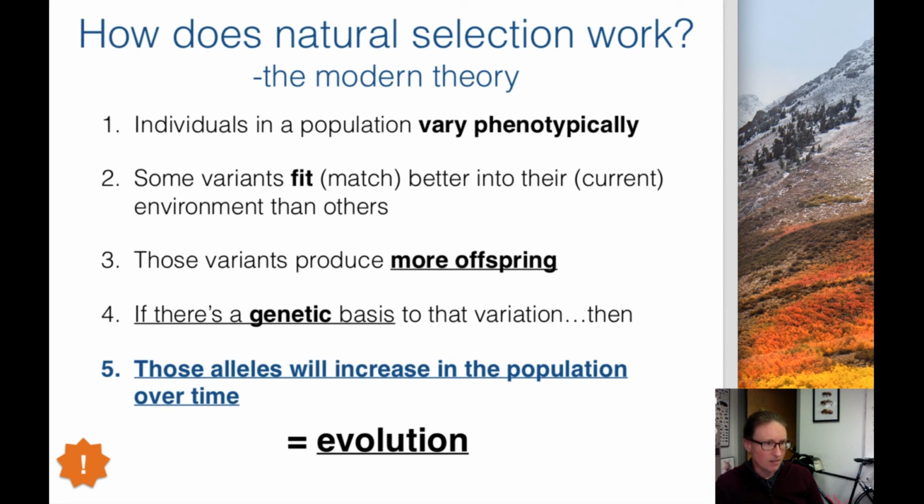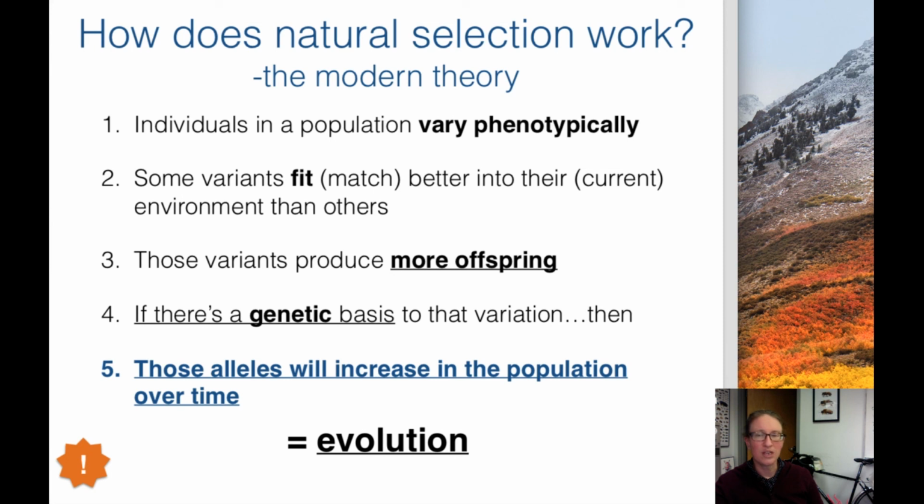And so the next idea is some individuals will fit or match better with their current environment than others. So, for example, squirrels that are more bold might have more opportunities to steal food from Siena students. So they're going to have an easier time feeding themselves through the winter when there's not a lot of food available. So then the idea is those squirrels are going to be ones that wind up producing more offspring, right?